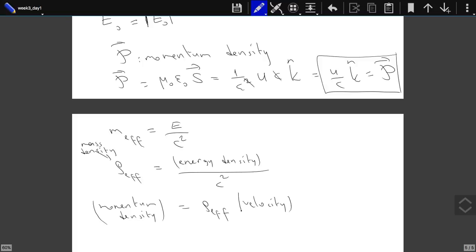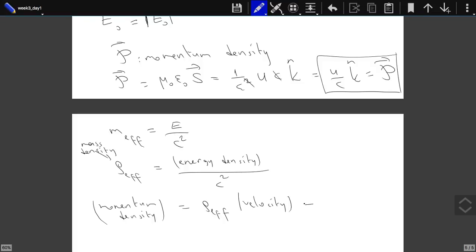Well, naively, we could have expected such a relation. And if you go back to our previous notes when we were discussing the momentum density, we were saying that one would expect such a relationship. The momentum density should be some kind of an effective mass density times velocity.